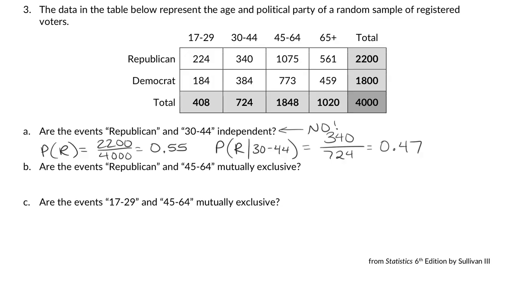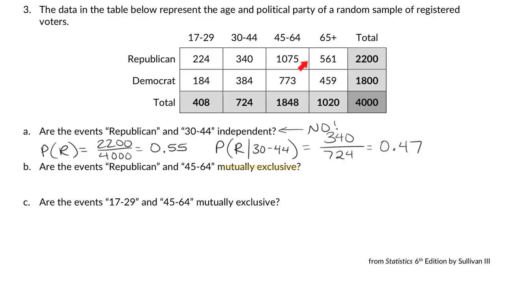Second question, are the events Republican and age 35 to 64 mutually exclusive? Ooh, throw it back to our Kahoot from this morning. What did mutually exclusive mean? No overlap. Does this one have any overlap? Wait, we really can't tell in this table if there's an overlap between these two events?